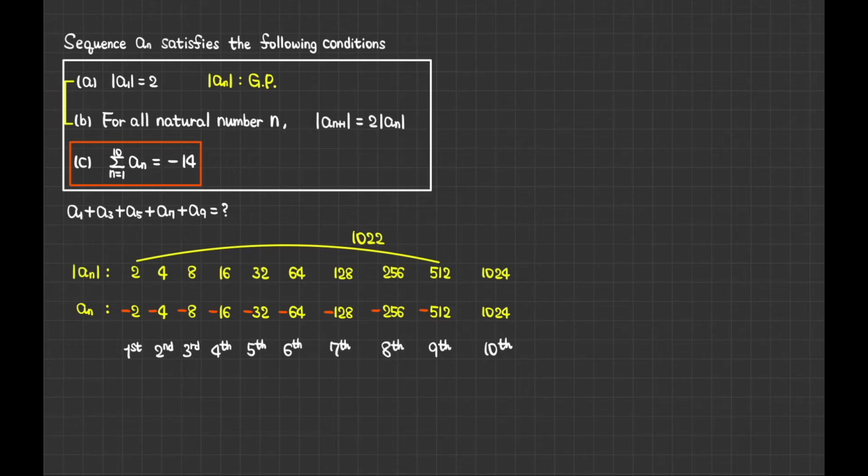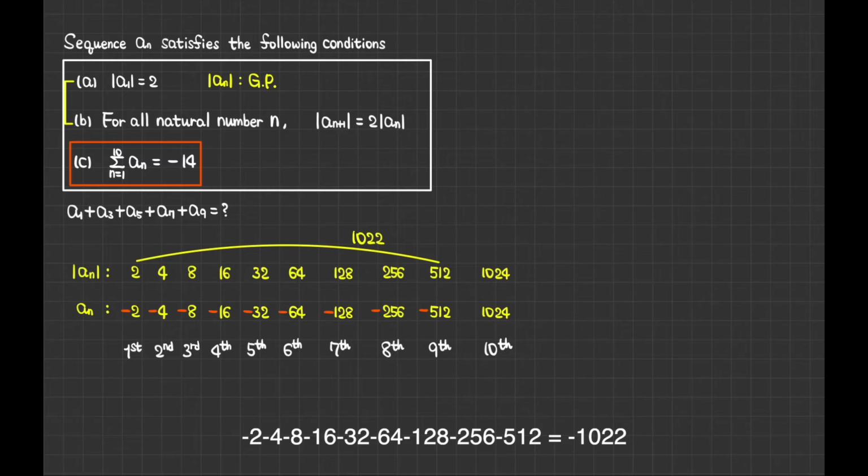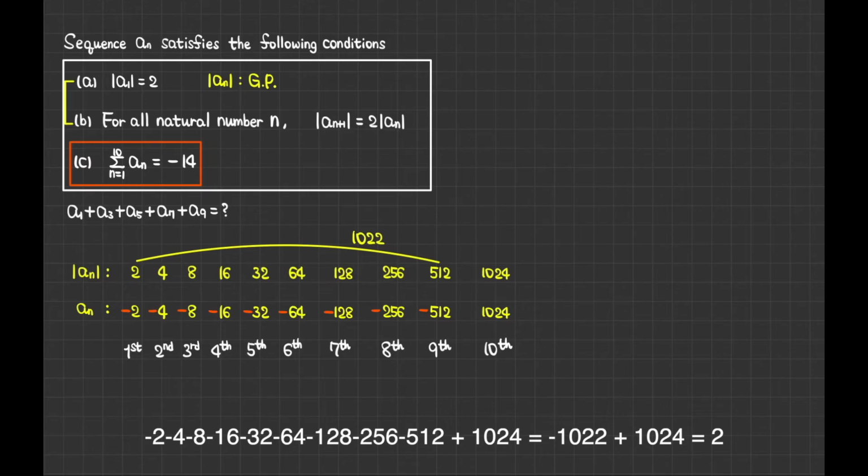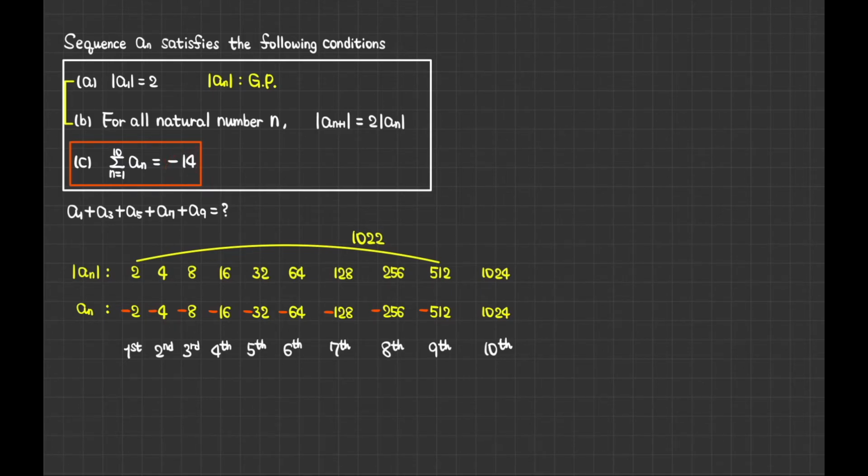So anyway, if I make everything from the 1st to 9th term negative, the sum of all of these becomes negative 1022. But if I make this positive and add all of them, it becomes positive, which is 2. Minus 1022 plus 1024 is 2, which means it's not negative, it doesn't satisfy the C, right?